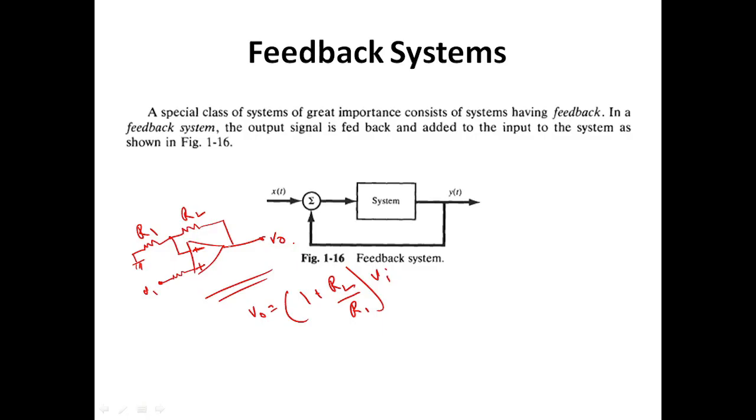If you see, the output is taken into consideration to calculate the output itself. So this is the feedback loop. From the output you are taking some information and putting it back into the system to compute the output itself. Those systems are regarded as feedback systems.